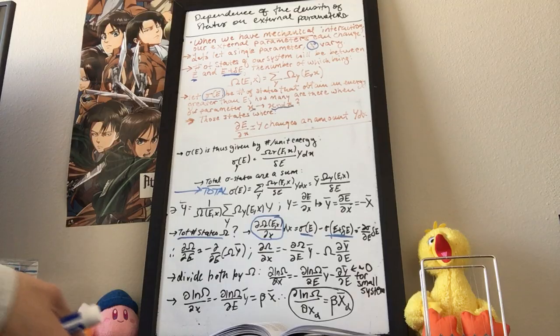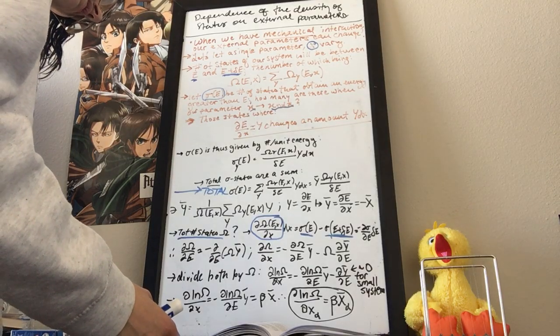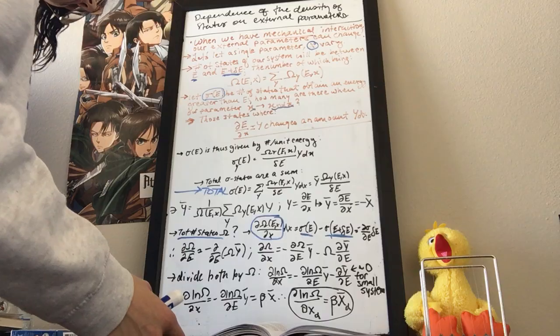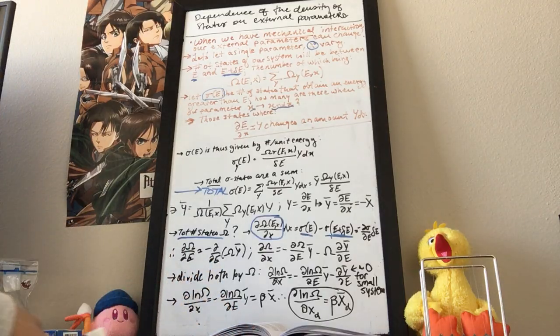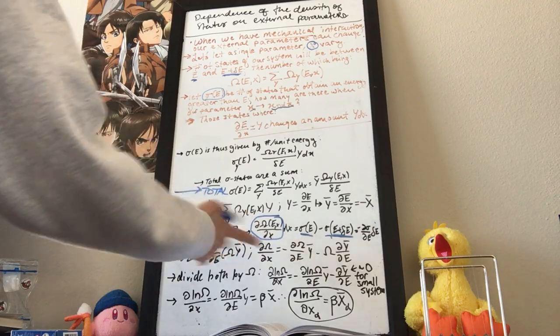So once we have that, we have to evaluate our derivative a little bit further, right? Because we have, you know, partial omega partial x. What does that mean?